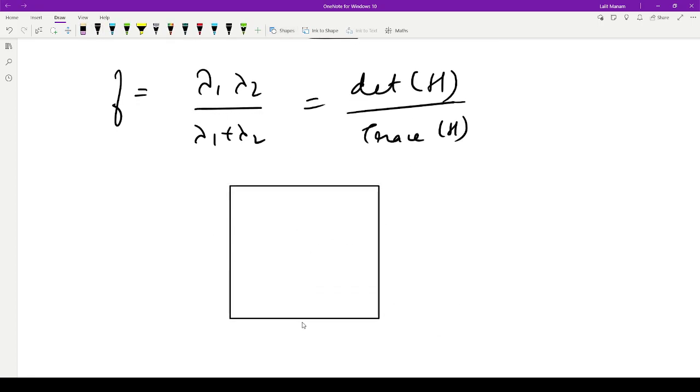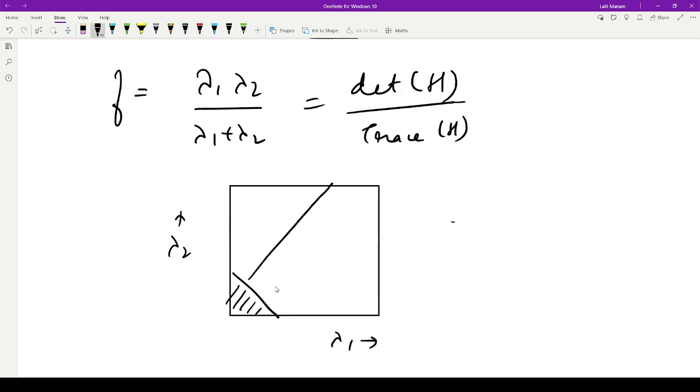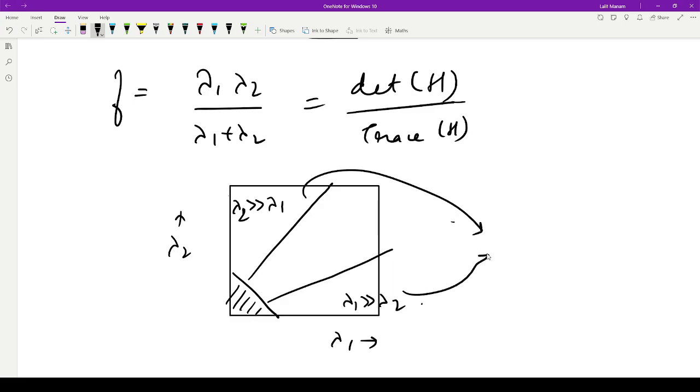If I plot lambda 1, lambda 2, here I assume lambda 2 is much greater than lambda 1, and here lambda 1 is much greater than lambda 2. So these regions correspond to what?